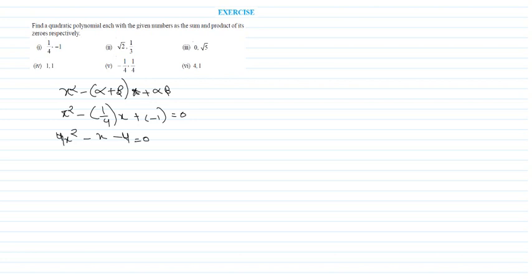So from the first equation we get alpha is equal to 1 by 4 minus beta. So we'll substitute that value into the second equation, so it will become beta times 1 by 4 minus beta is equal to minus 1.